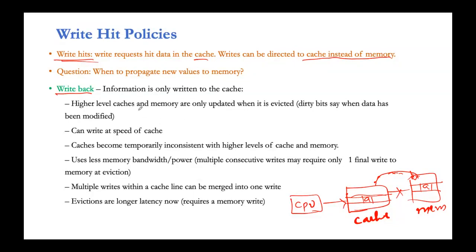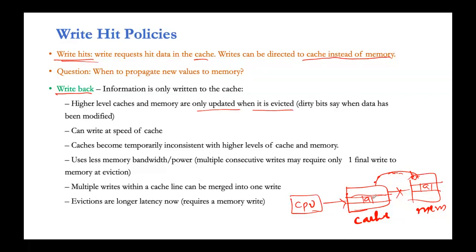So the higher level caches and the memories are only updated when it is evicted. But before that, every time the CPU is going to write within the cache itself, so it can write at the speed of your cache only. So the caches become temporarily inconsistent with the higher level of your cache or memory.